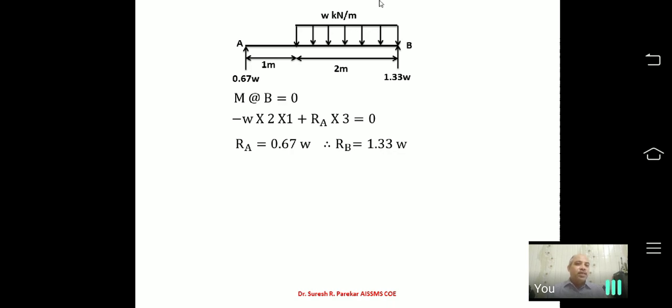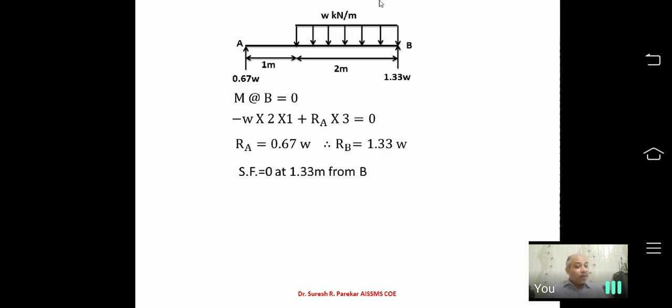So what will be the shear force equation? We have 1.33 W minus W into X, and automatically I will get the value of X as 1.33 meters from B. So the shear force is equal to 0 at 1.33 meter from B. Because the problem is on bending stresses.